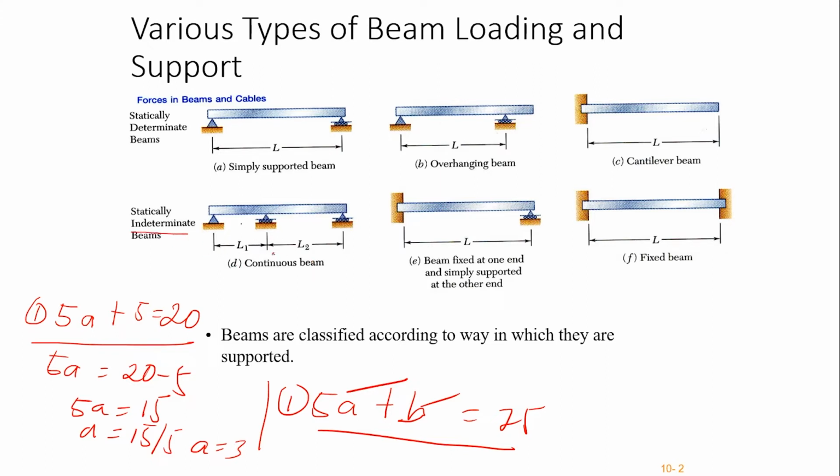There are more unknowns than the available equations that we can have, and these are in the continuous beam, beam fixed at one end and simply supported at the other end, and fixed beam in this configuration. So what we can only solve right now as far as our subject is concerned: simply supported, overhang, and cantilever, and that is what we are going to talk about.